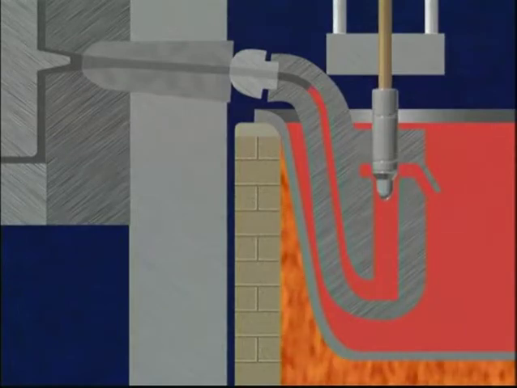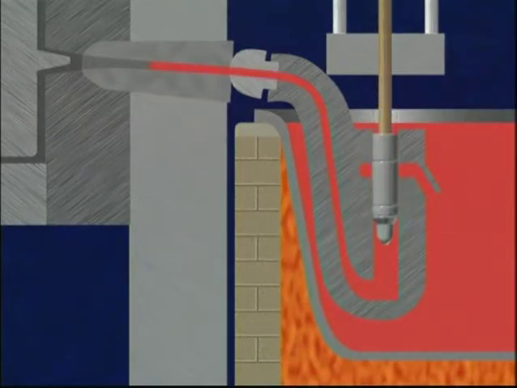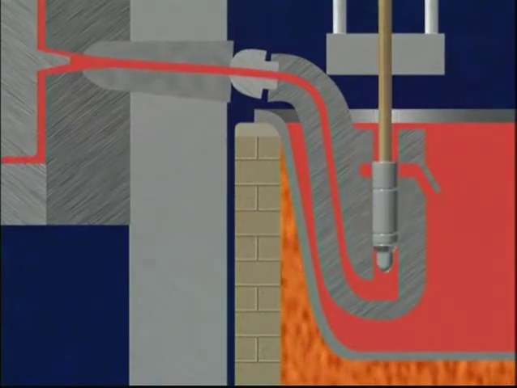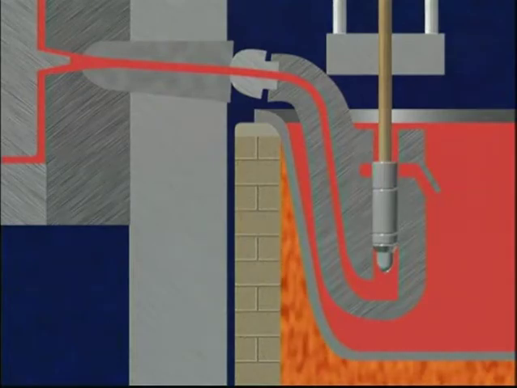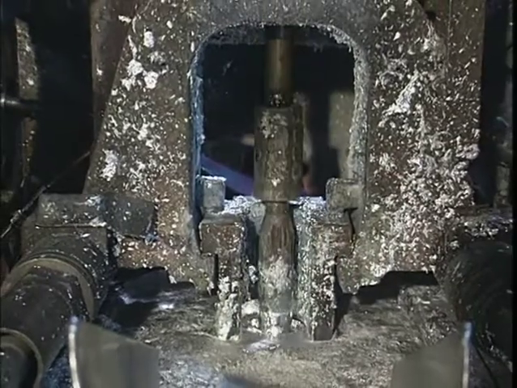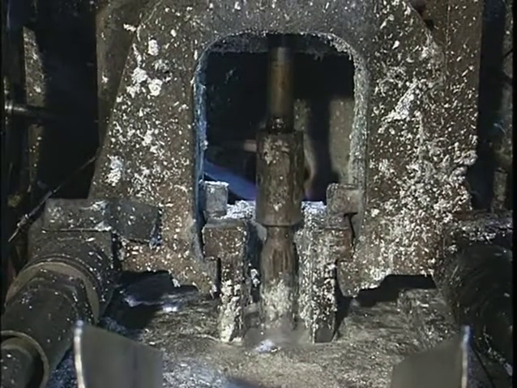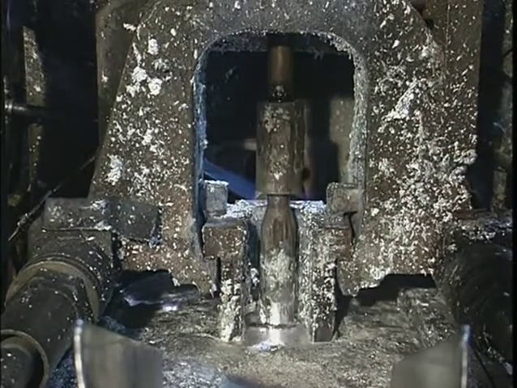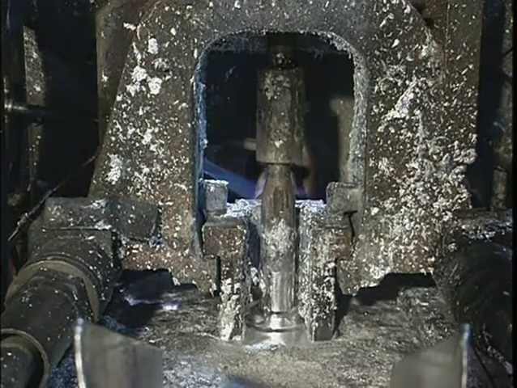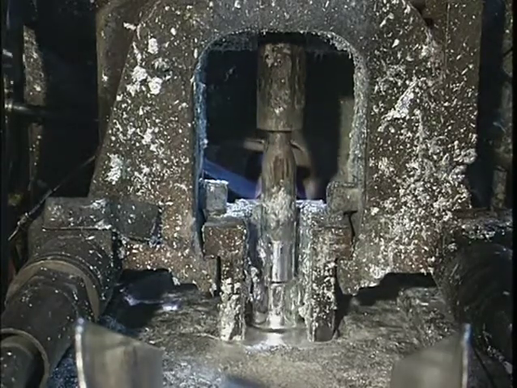When the plunger descends, it closes the port and drives the charge through a nozzle at the end of the pipe and into the die. Injection pressures may range from 1,500 to more than 4,500 pounds per square inch, or 10 to 31 megapascals.